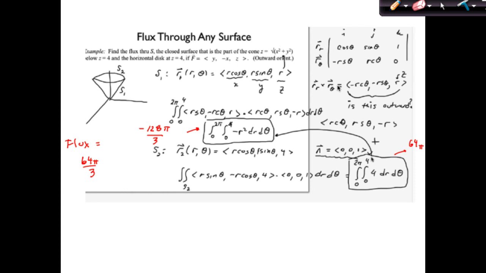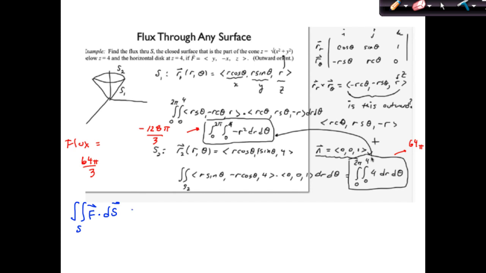So now we have another way to do this problem. How else can we do this problem? Because what am I trying to find? I'm trying to find the surface integral of F dot dS. And I have a solid whose boundary is a closed surface in a vector field.